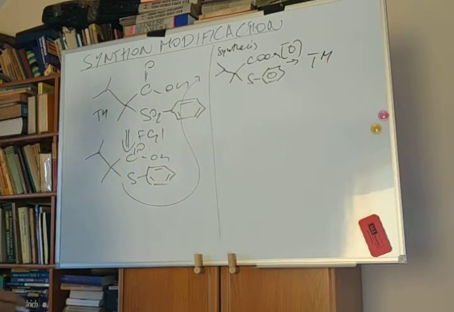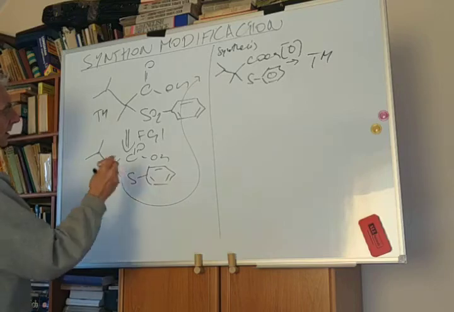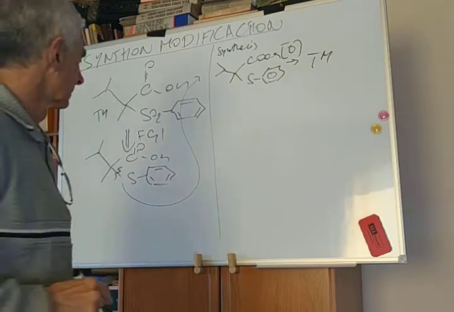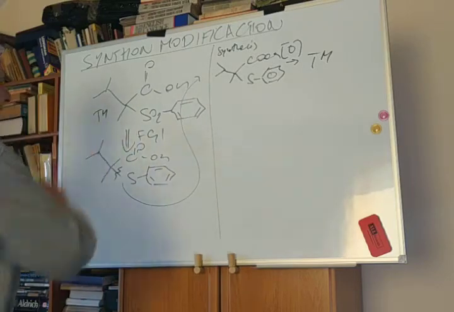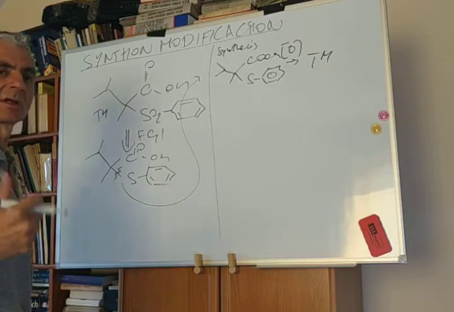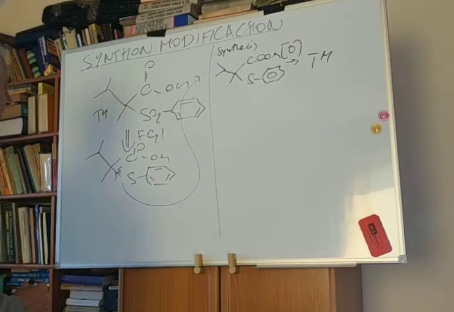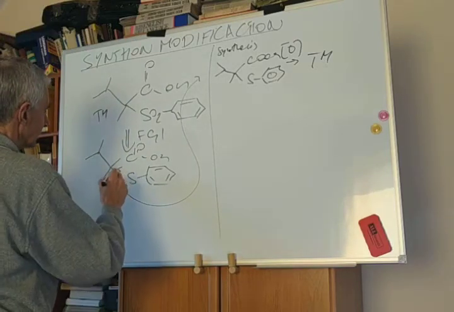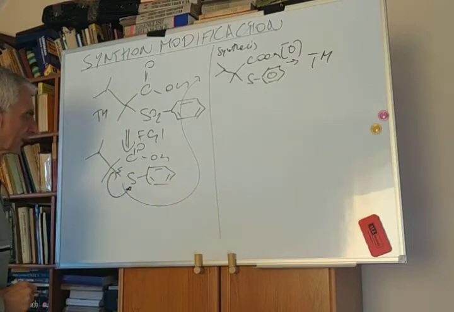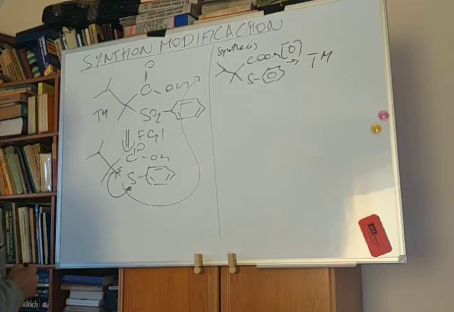And now the second disconnection. We could realize now that we would like to have pure carboxylic acid to indicate this synthon modification, and once more, if we would like to observe the reactivity, it's that kind of disconnection.